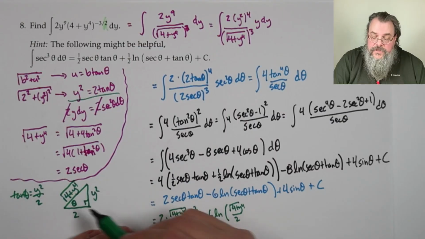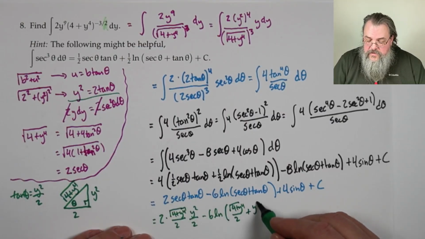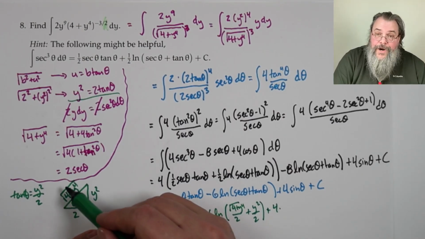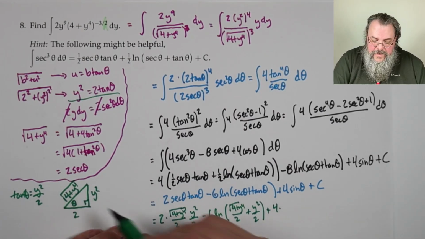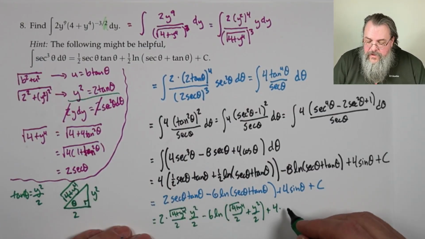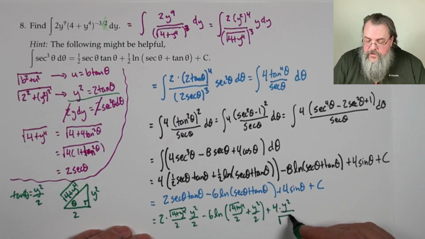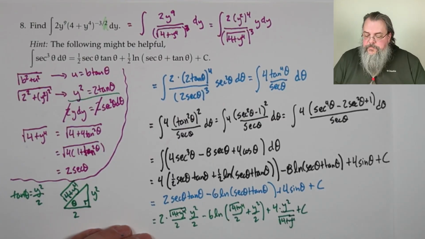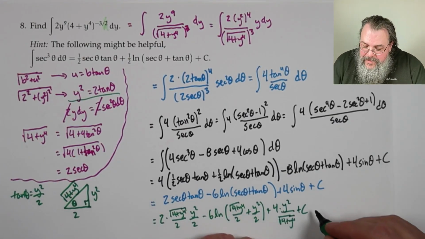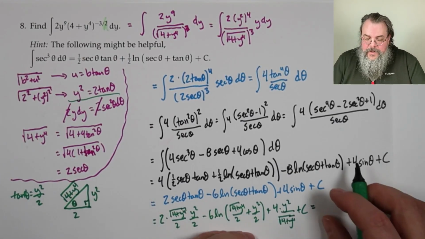Tangent's opposite over adjacent, so that's y squared over 2. And sine is opposite over hypotenuse. And that's the SOHCAHTOA. So opposite over hypotenuse. Y squared over the square root of 4 plus y to the 4th. And plus c.